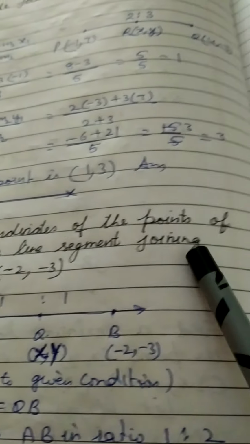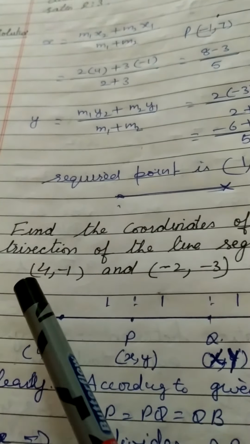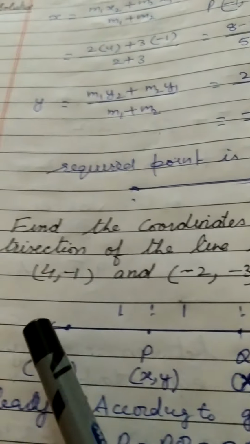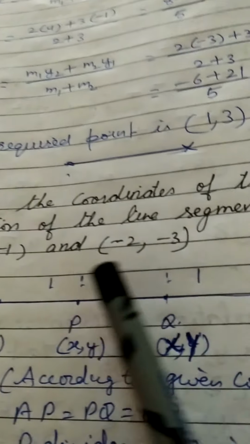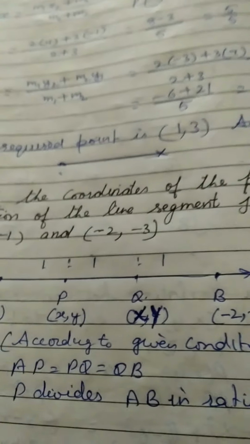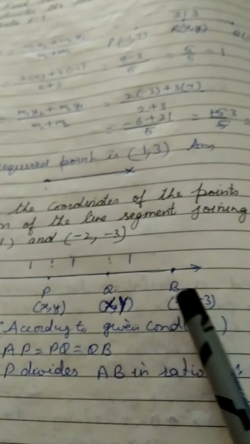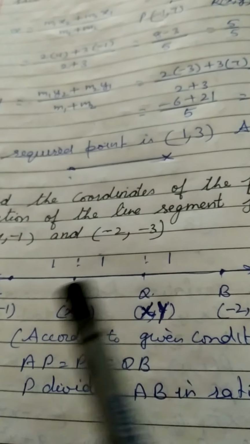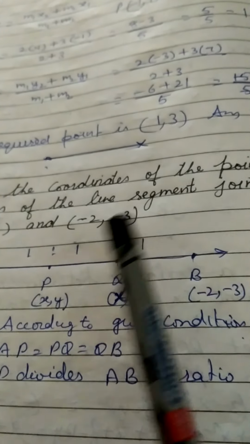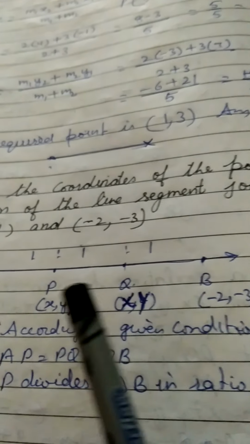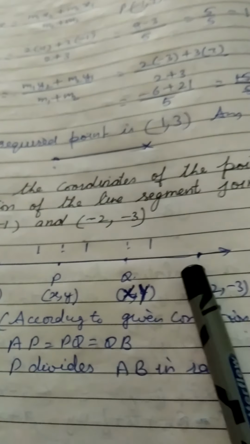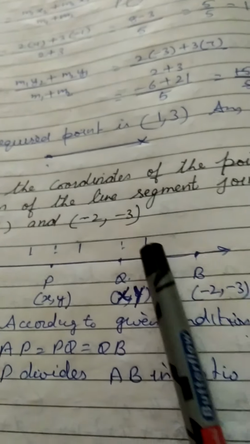Find the coordinates of the points of trisection of the line segment joining (4, -1) and (-2, -3). Now trisection means 3 equal parts. Means a line AB is divided into 3 equal parts by the 2 points P and Q. Here the ratios between these parts will be 1:1:1.